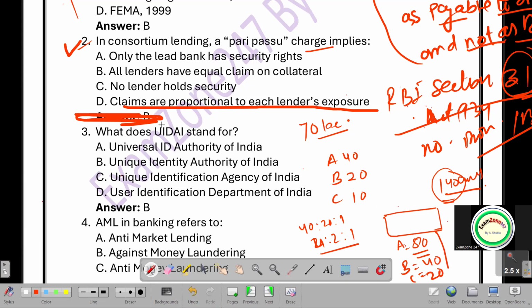This is called pari passu charge, means charge in proportion of their exposure. What do you understand by exposure? The principal amount plus interest amount, whatever is outstanding as on date of NPA or as on date when the recovery is being received, will be distributed to each of the lenders in the proportion of their exposure. That is called the pari passu charge.